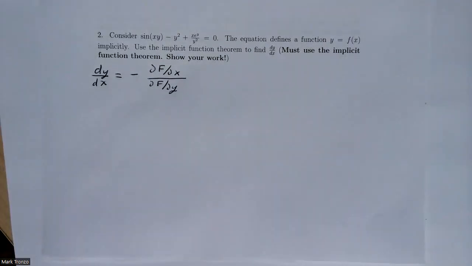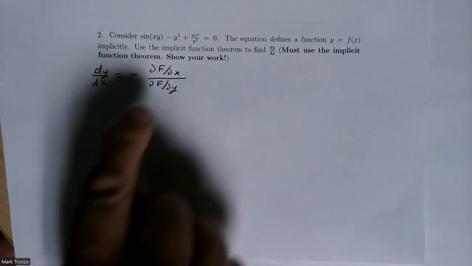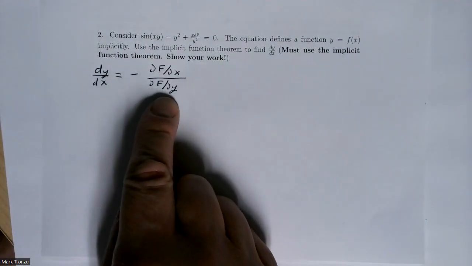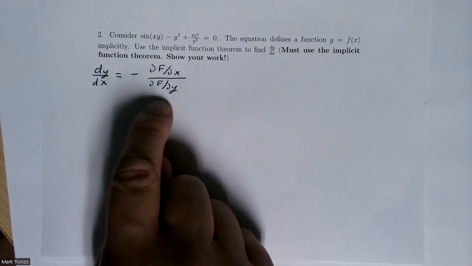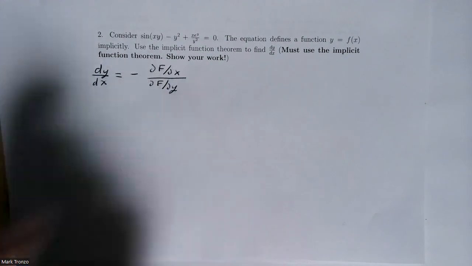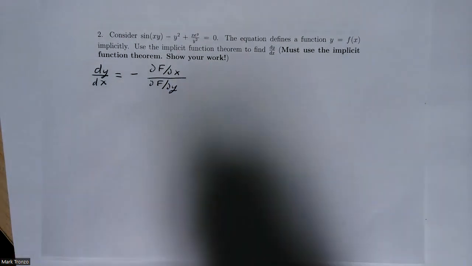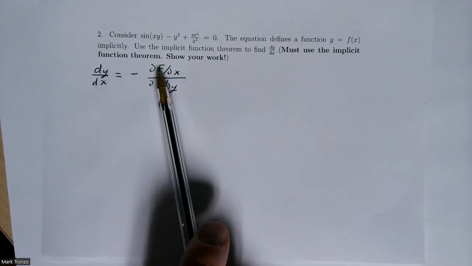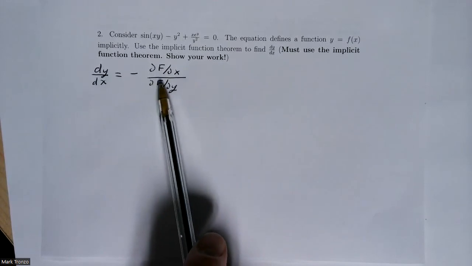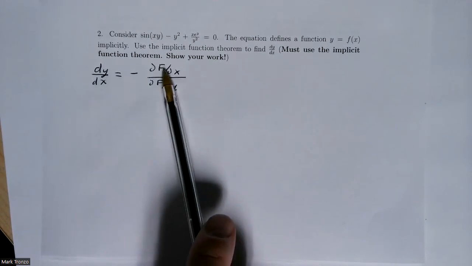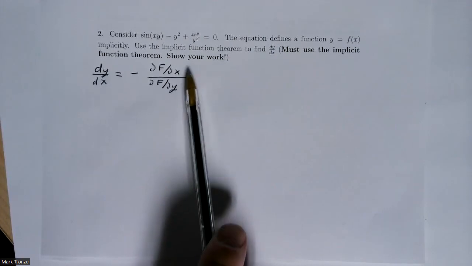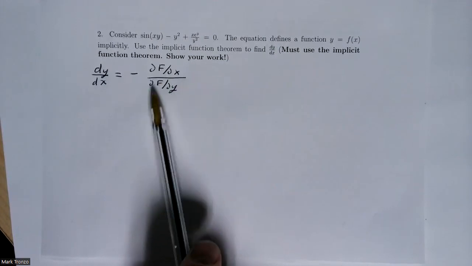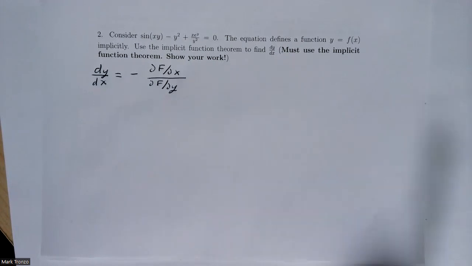As a memory tool, you can think of flipping this over, doing the reciprocal and multiplying, and the delta f's sort of cancel. In reality, with partial derivatives, these parts never actually cancel, but you could use that as a memory tool. If you flip this over and imagine that they could cancel, you would have dy/dx over here. So it's a way to remember what order these go in.